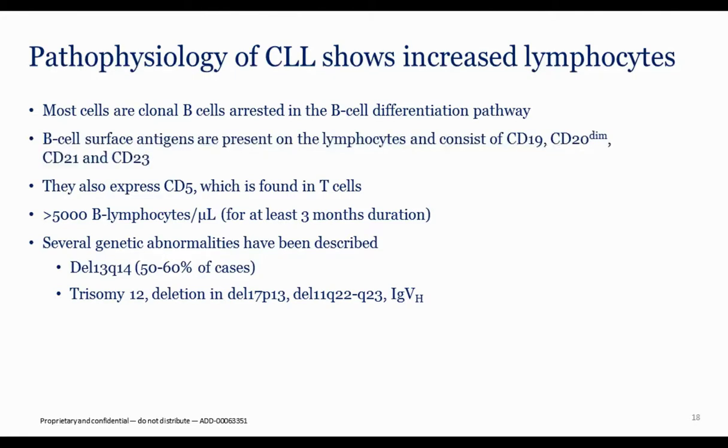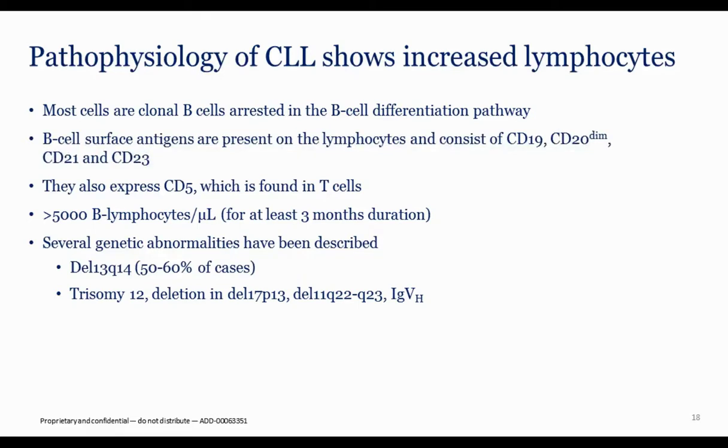Some additional characteristics, if we look at the pathophysiology of CLL, we find that most of the cells are clonal B cells, and again, these cells are arrested in their B cell differentiation pathway. All of these cells have a B cell surface antigen. These antigens range from CD19, CD20, CD1, and CD23 in normal individuals, but in CLL, the CD20 is dim. The other markers are still there, but the CD20 is dim.